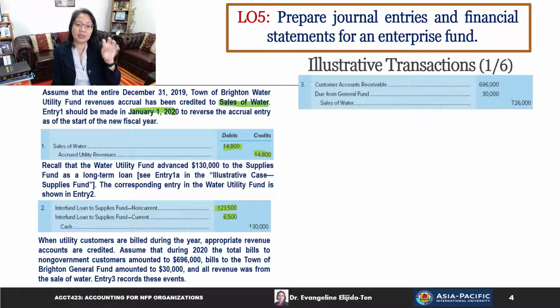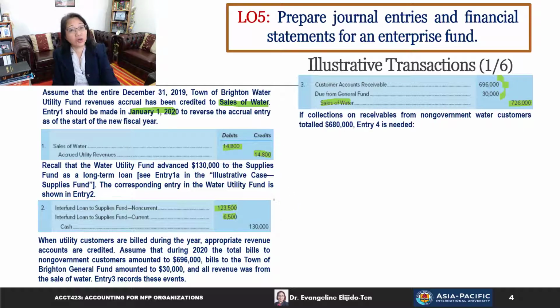This represents the sale of water to non-government customers, and we will also debit due from general fund for 30,000. This represents the amount that the water utility fund sold to the general fund. And of course, the credit is to sales of water, the total amount of 726,000, so the total of our sales from our non-government customers and also the Town of Brighton.